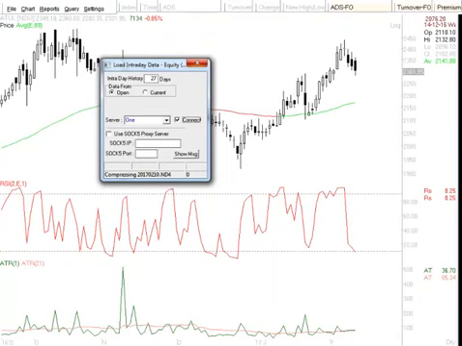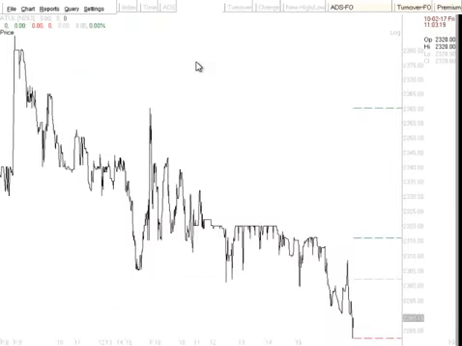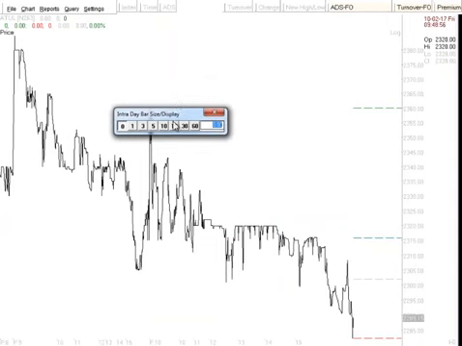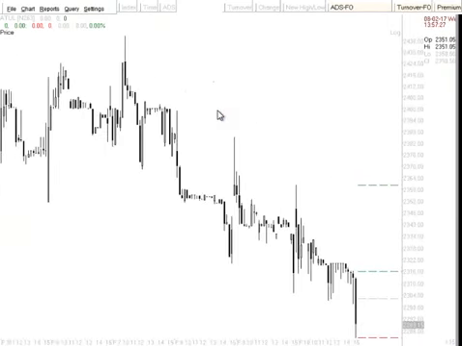And those shorter time frame is my executor, जहाँ पे मैं इसको execute करूँगा. So let's load the intraday data. Done. Intraday charts, 15-minute charts. So I come to the 15 minutes chart of Atul.